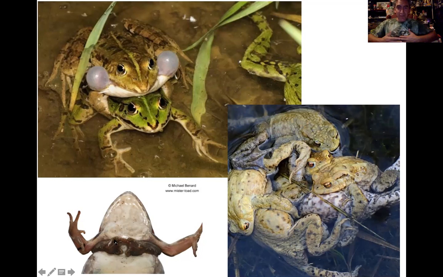And you can see here the ventral view from the belly, how the male's arms are tucked under there in amplexus of the female. So again, an important part of the reproductive process. If the male can't amplex a female, he cannot ensure that he's going to be the one in close proximity to fertilize those eggs.